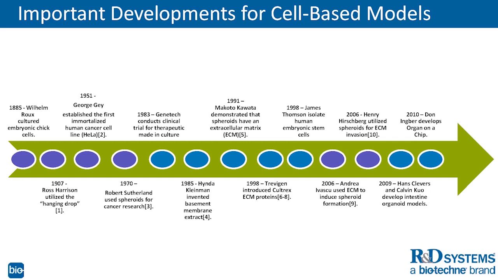Later on in 1951, George Gey established the first immortalized cell line, HeLa. With the establishment of this cancer line, it kind of started the ball rolling for standard models for cell culture to become commonplace in laboratories everywhere. In 1970, Robert Sutherland began using spheroids as tumor models.